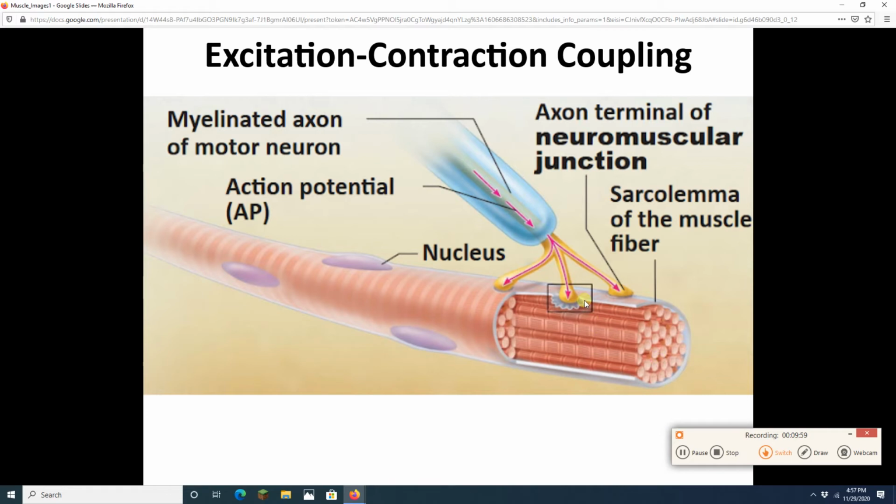Here's my motor end plate. Look at the waviness from our surface area, like we saw in lab. Here's my Schwann cell wrapping around the axon. Telodendria, and then here are some axon terminals. We're zooming in on a single neuromuscular junction right there with that block.